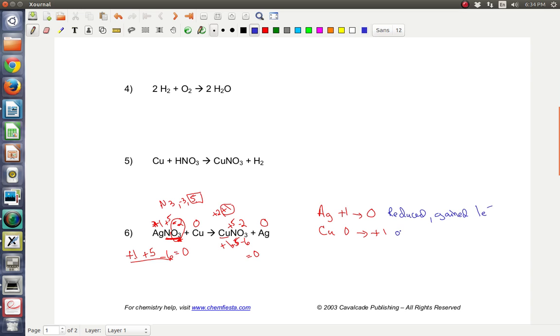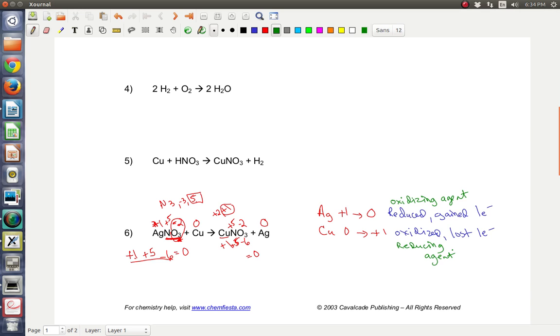Copper then is oxidized, and it lost 1 electron. So silver is the oxidizing agent, and copper is the reducing agent.